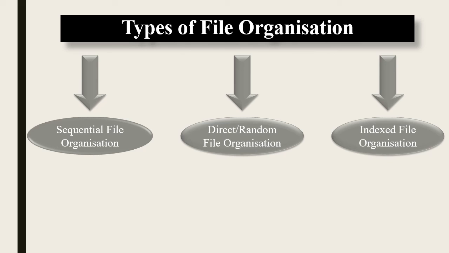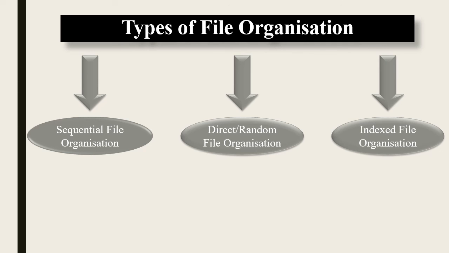Then third is the indexed file organization. When there is a need to access records sequentially by some key value and also to access the records directly by the same key value, the collection of records may be organized in an effective manner called index sequential file organization. An index table is provided to identify the groups of records in the file.